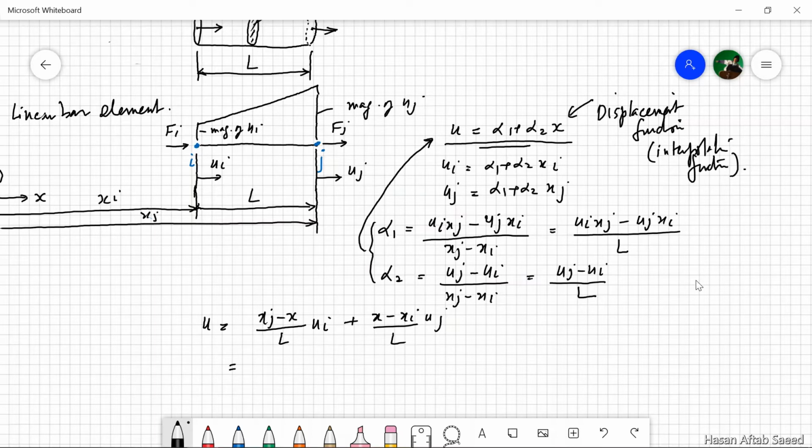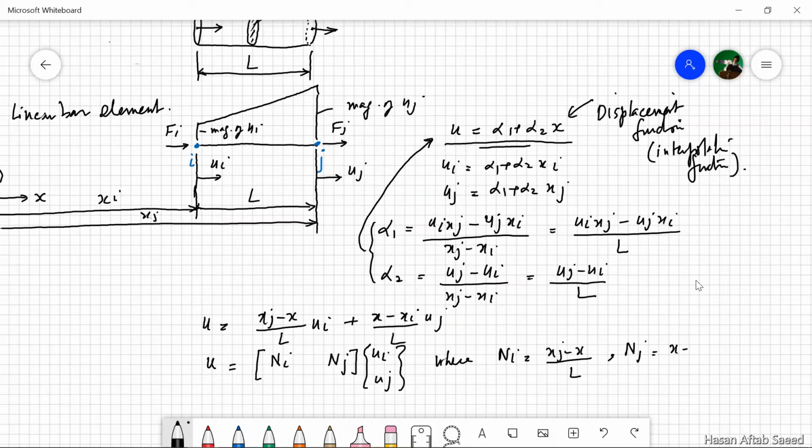Now we can write this down as Ni, Nj times ui, uj, where Ni is equal to xj minus x over L and Nj is equal to x minus xi over L.